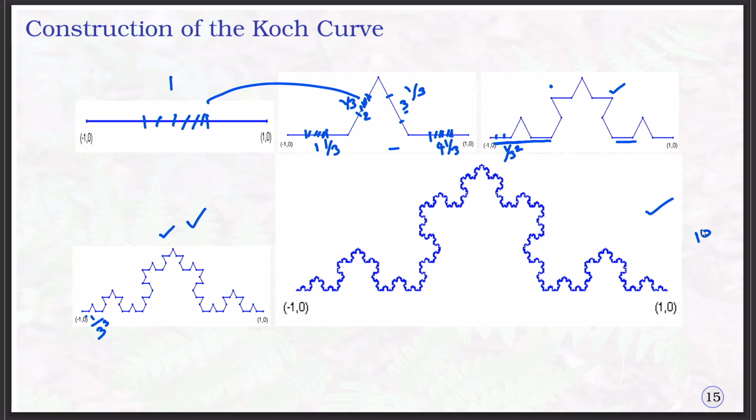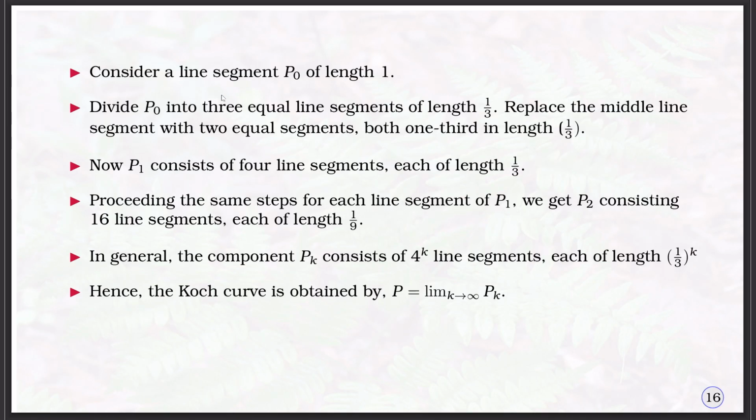So, how to mathematically define the Van Koch curve: consider a line segment P naught of length 1, and divide P naught into 3 equal line segments of length 1 by 3. Instead of removing the mid one, replace the middle line segment with 2 segments, both of length 1 by 3.